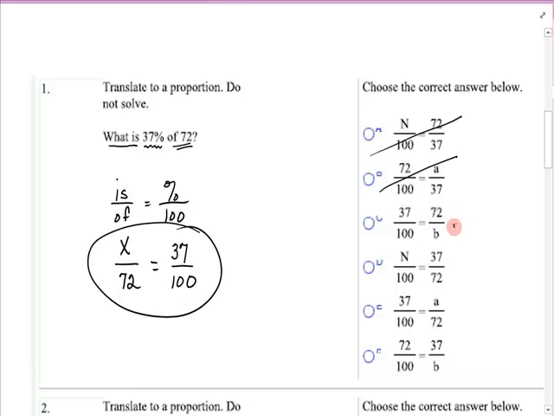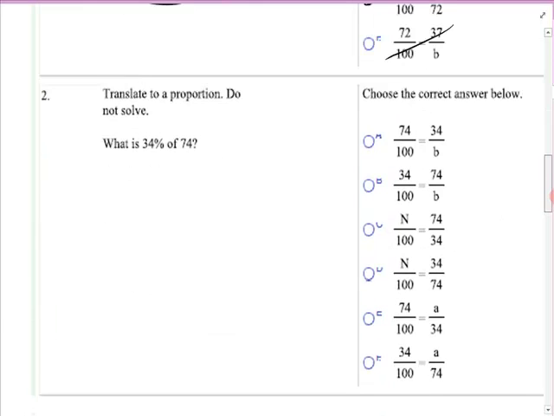Well, they use letter A over 72. Here it is. I know it looks a little different, but it does have a 37 over 100 on one side, and it has a letter over 72 on the other. So that's going to be the one that we choose. I promise that this, is over of, percent over 100, can really, really help.